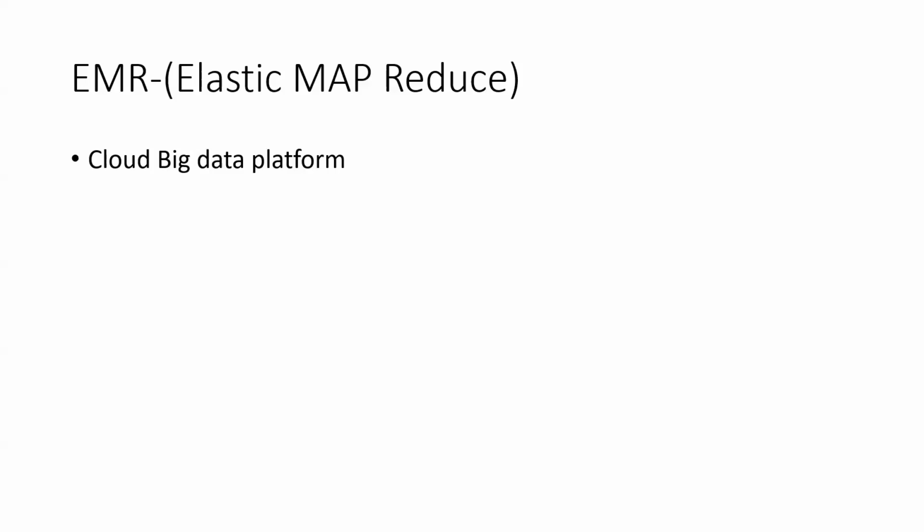Okay. So I'm just going to introduce some more components, just like EMR. This is a very, very important component for big data analytics. EMR is Elastic MapReduce. It works as MapReduce to do large or big data calculation. EMR is nothing but a collection of EC2 servers.